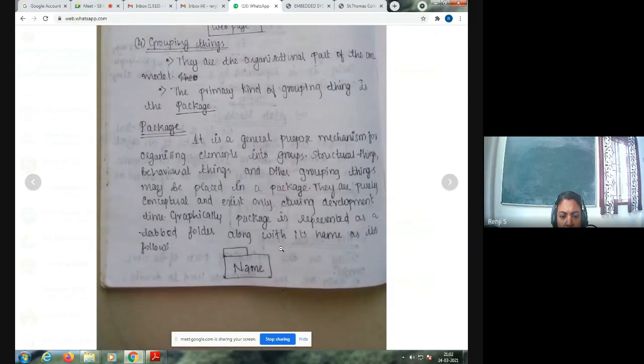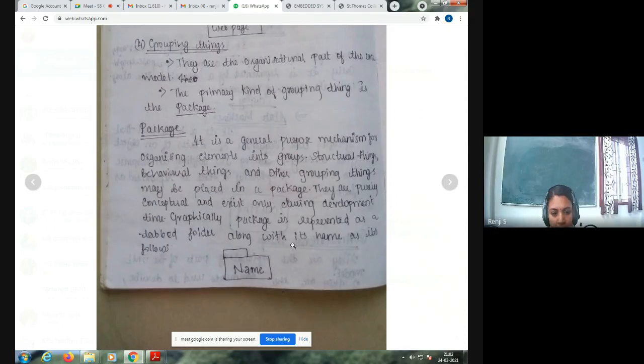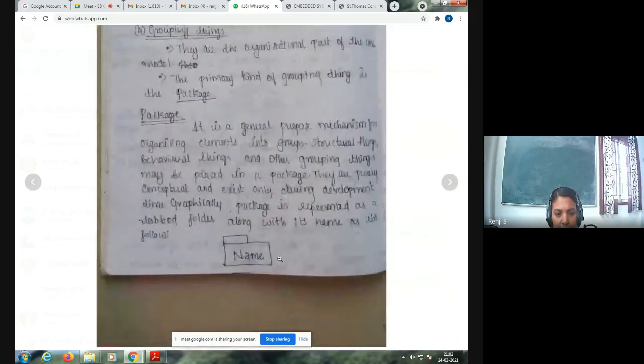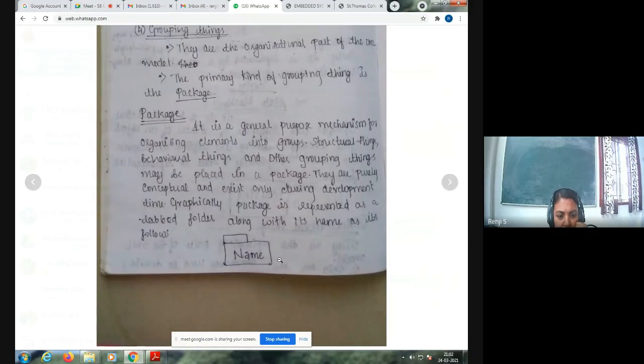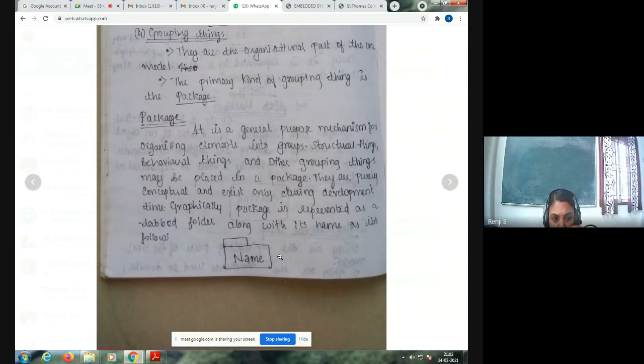Structural things, behavioral things, and other grouping things may be placed inside a package, and they are purely conceptual. They exist only during development time, just for the purpose of making a system structured, and we use package notation.